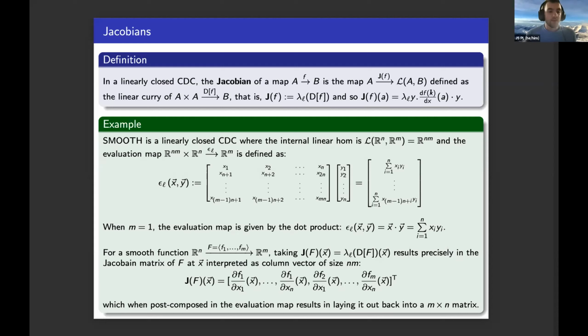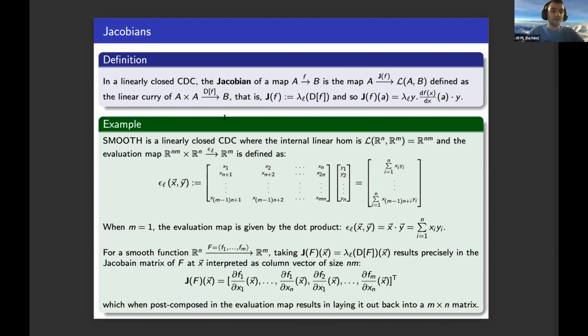So in my main example, smooth is a linearly closed CDC. The internal linear Hom between R^n and R^m is R^(nm). The evaluation map, in its first argument, is going to input a vector of size n times m, and it's going to lay it out as a matrix. And it's going to multiply that matrix by the second vector, which is now only of size n, and you obtain a vector of size m.